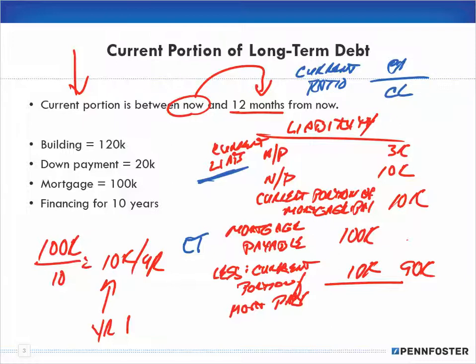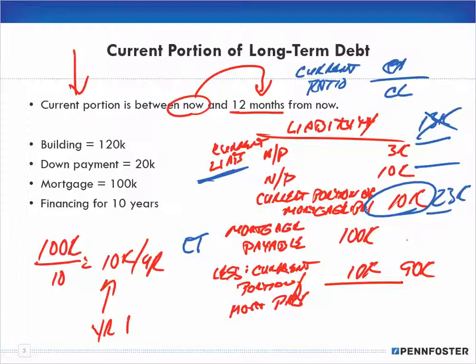Remember, it's how much in assets we have to be able to pay off our liabilities. Our current liabilities are not just this 3,000 and this 10,000. So it's not 13,000, right? No, it's 23,000 because we have this here $10,000. That's a current portion of that mortgage payable.